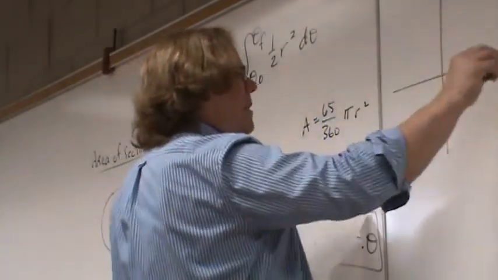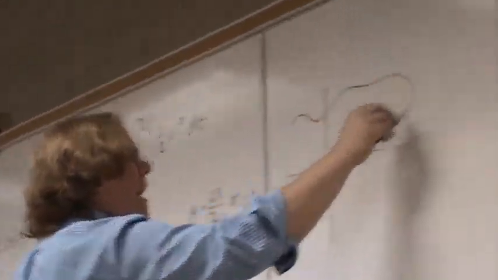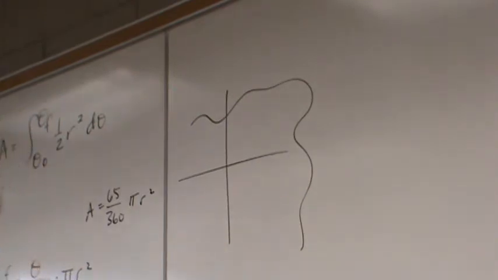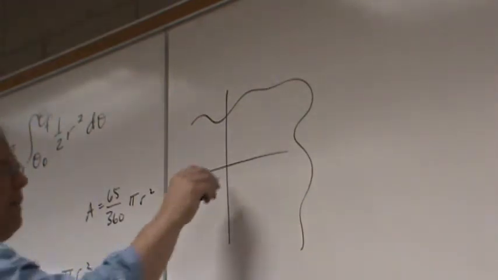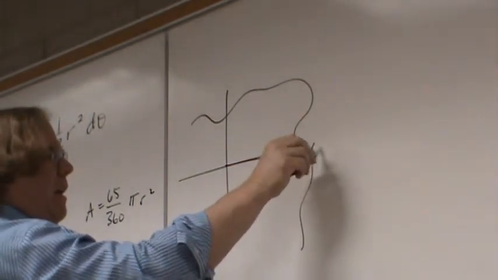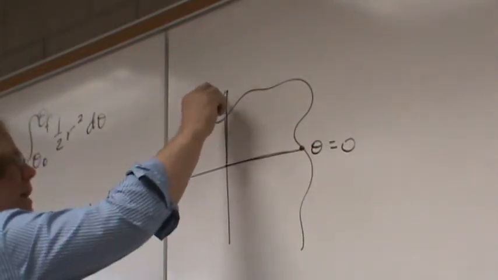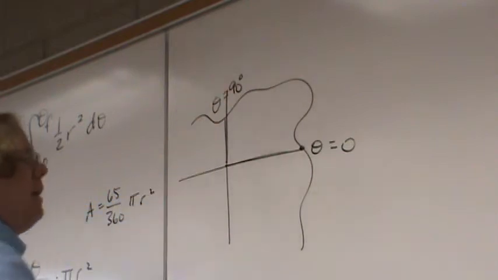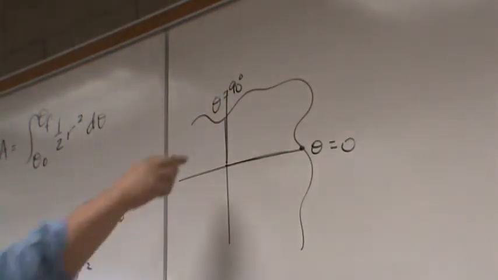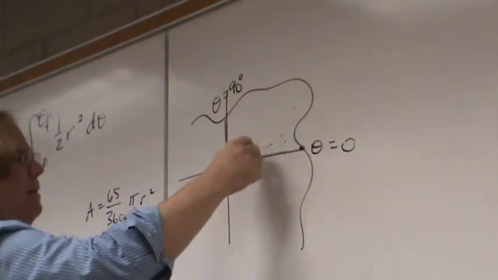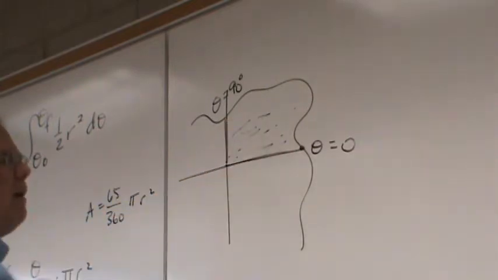Let's say I have some polar graph that looks like this, and let's say I want to get the area from theta equals 0 to theta equals 90 degrees. Let's say I want to get this area, this crazy amoeba-looking area.